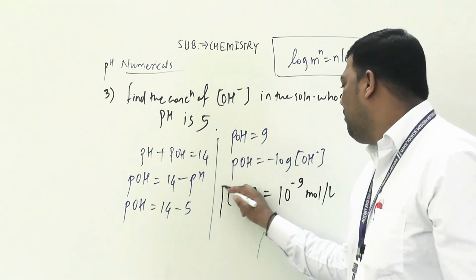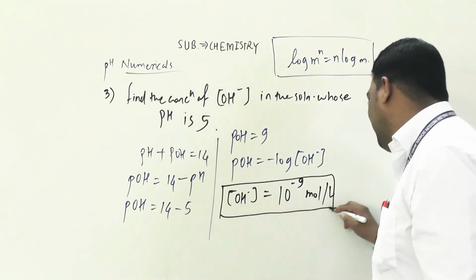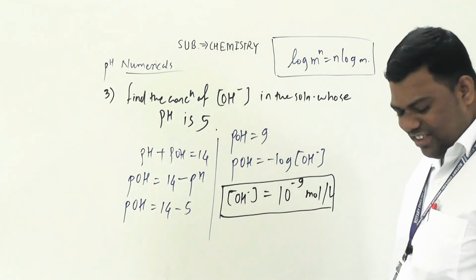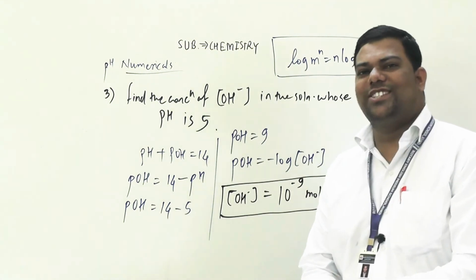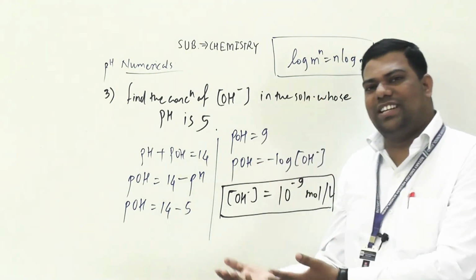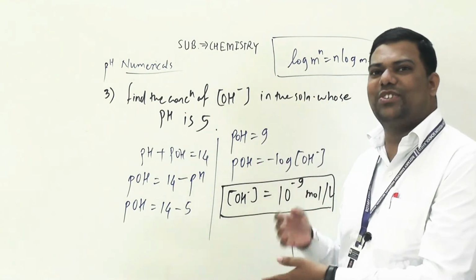Mole per liter. Understood? So this is your concentration of OH minus ion. Simply, whenever pOH is 9, obviously the concentration is 10 to minus 9.